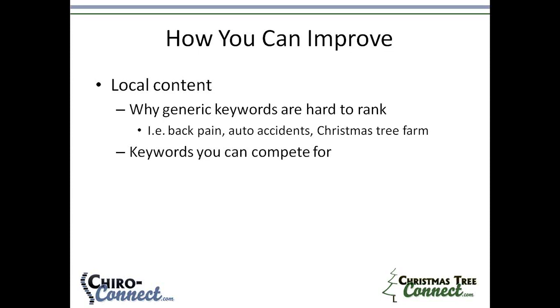Giving Google context, and also providing that context on your website itself, can give you that information. So you want to look for keywords you can compete for, like back pain Stillwater or back pain help in Stillwater, but also have back pain and Stillwater integrated within your website.